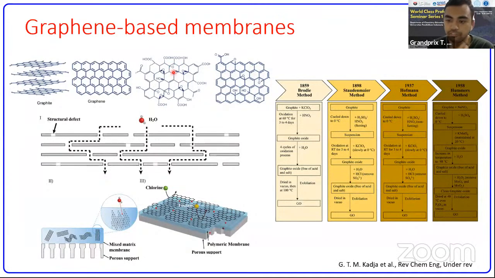And for your information, graphene is a dense material. It does not have pores within it. But as you can see, when we stack several layers of graphene, it will create new tortuosity or new interplanar spacing that will act as the separating layers.